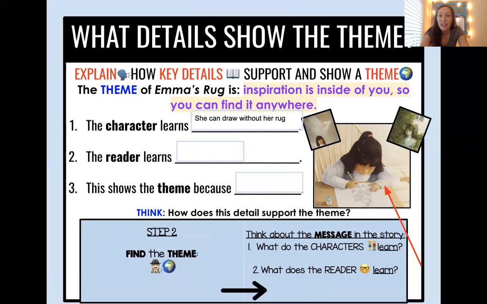What do we learn? None of that is it. What did we learn that we can do in real life just like Emma? Think about our theme. We learn that inspiration comes from inside of you. It doesn't come from a rug or outside or anyone or anything. It comes from inside of you. And we learn that when we see that Emma is able to draw again without her rug.